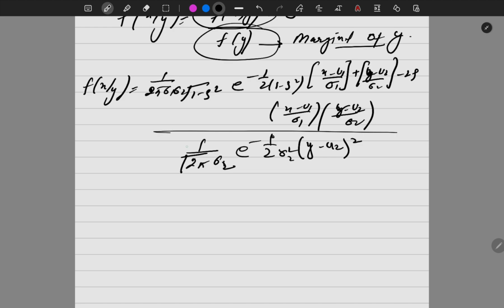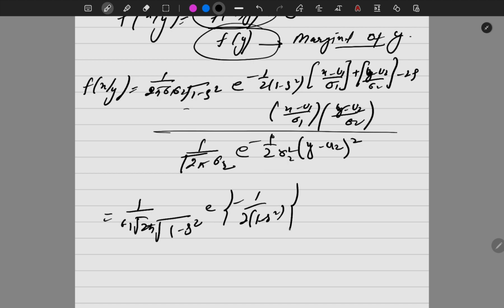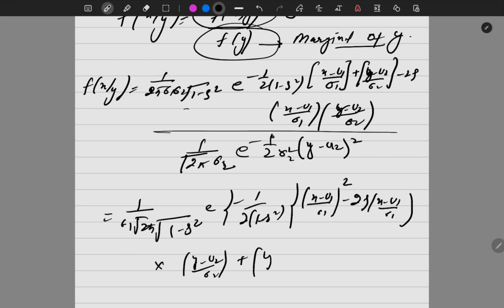From here, when we divide this by this, we will get 1 upon sigma 1 under root 2 pi (1 minus rho square) e to the power minus 1 by 2 (1 minus rho square) times [(x minus mu 1)/sigma 1] square minus 2 rho [(x minus mu 1)/sigma 1] multiplied by [(y minus mu 2)/sigma 2] plus [(y minus mu 2)/sigma 2] whole square, and multiply by 1 minus (1 minus rho square).